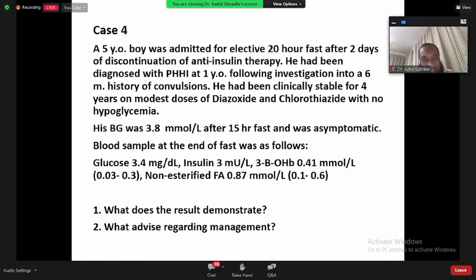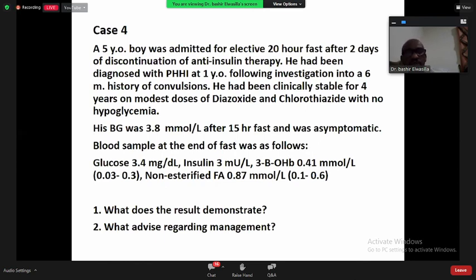This is a 5-year-old boy admitted for an elective 20-hour fast after 2 days of discontinuation of anti-insulin therapy. He had been diagnosed as persistent hyperinsulinemic hypoglycemia at 1 year of age, following investigation into a 6-month history of convulsions. He had been clinically stable for 4 years on very modest doses of diazoxide and chlorothiazide with no hypoglycemia.